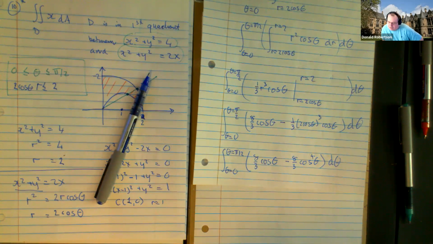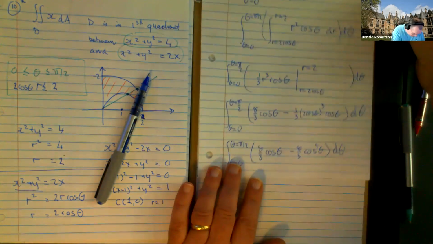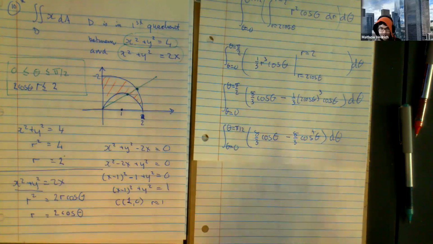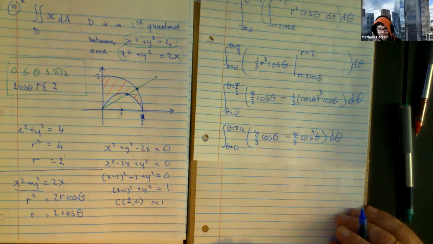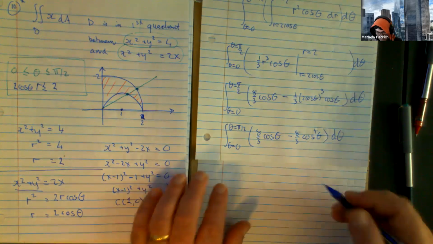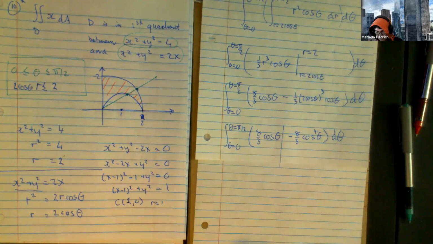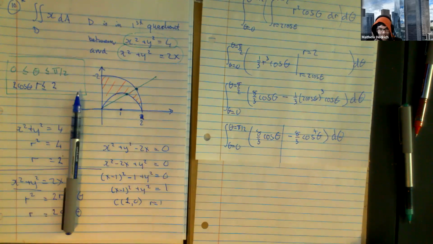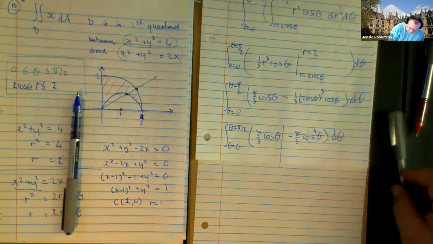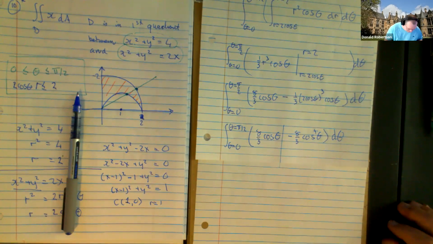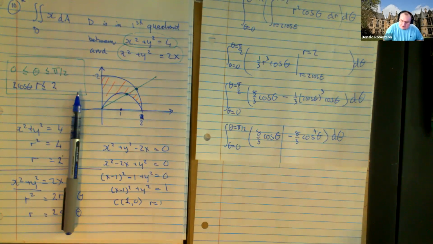Any ideas? Well, you could take the -8/3 cosine theta to the fourth and turn that into like the cosine squared essentially. And then what you can do from there is take the cosine squared and turn it into the other thing. Yes, you're right. I know what you're saying. I'll try and just write down the steps. What you said is exactly right, Matthew.